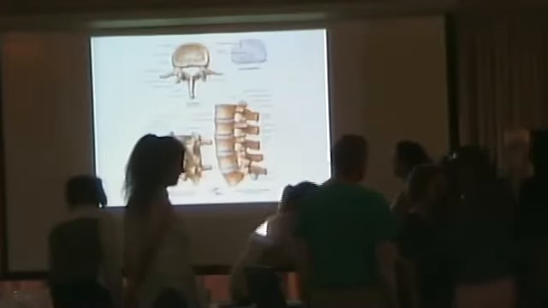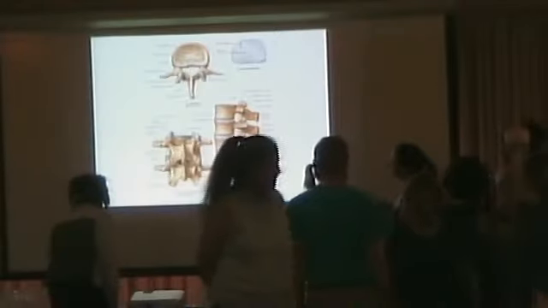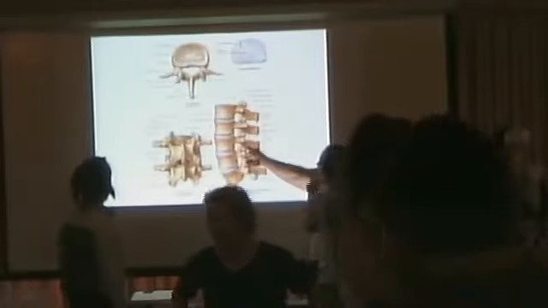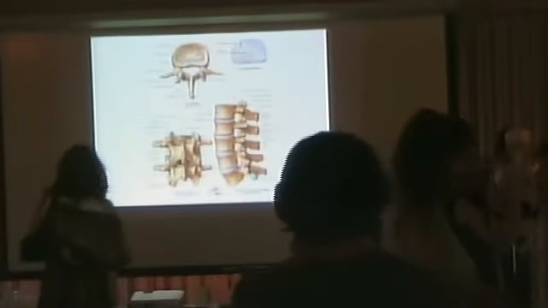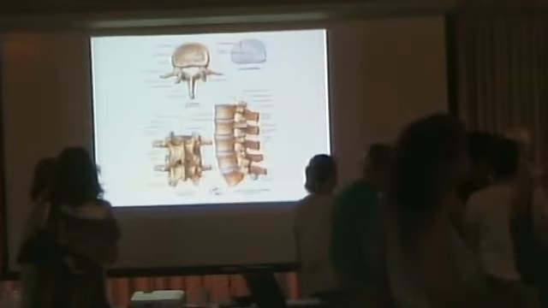We talk about the facet joints. The facet joints in the lumbar spine are in the sagittal plane, right? It means they support sliding forward and back, but not the rotation. They restrict the rotation.